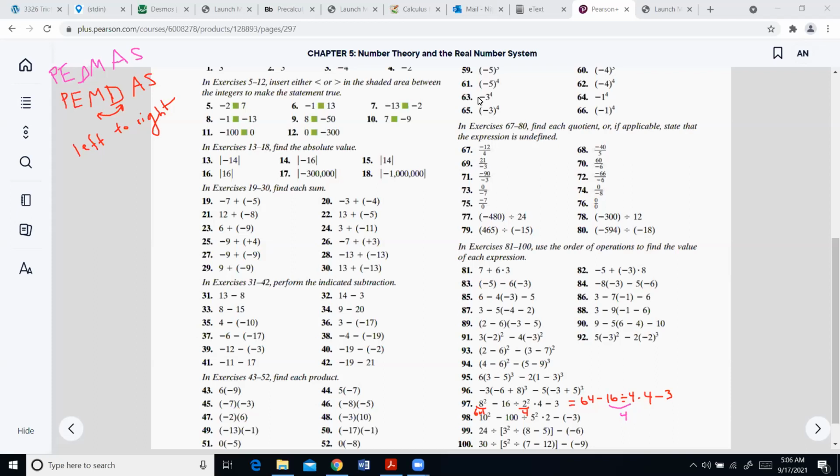So what I get then is 64 minus 4 times 4. And then when I subtract 3, I'm going to be subtracting from 64 a couple of numbers, 16 and 3, and I'll get the answer. So 64 minus 16 will give us 48, right?